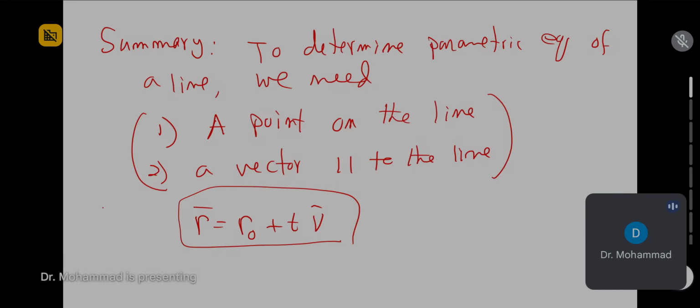Sir, shouldn't there be a vector sign on R naught?